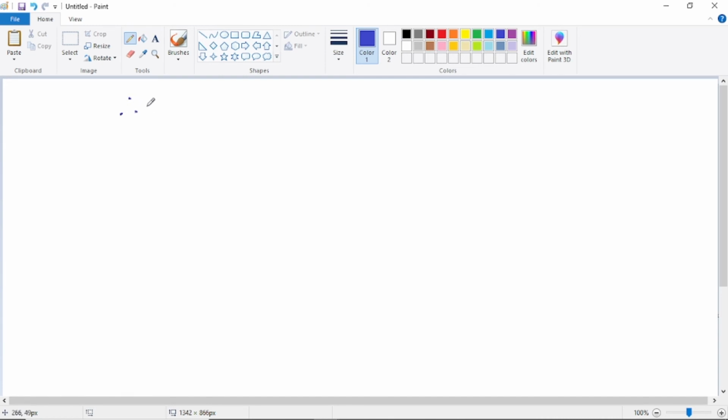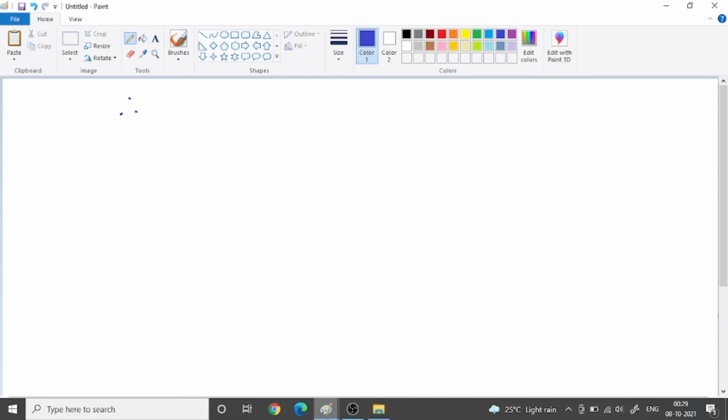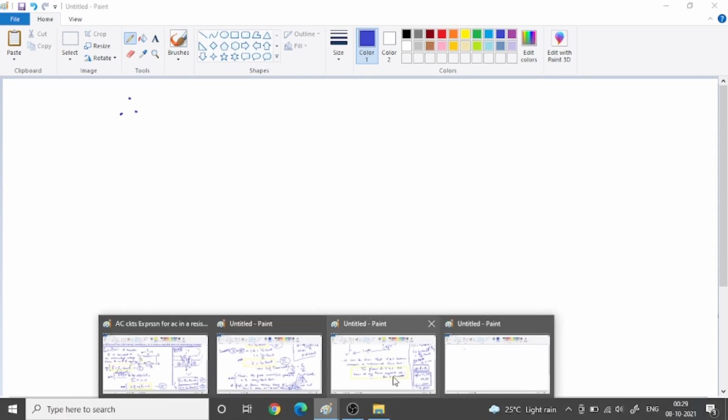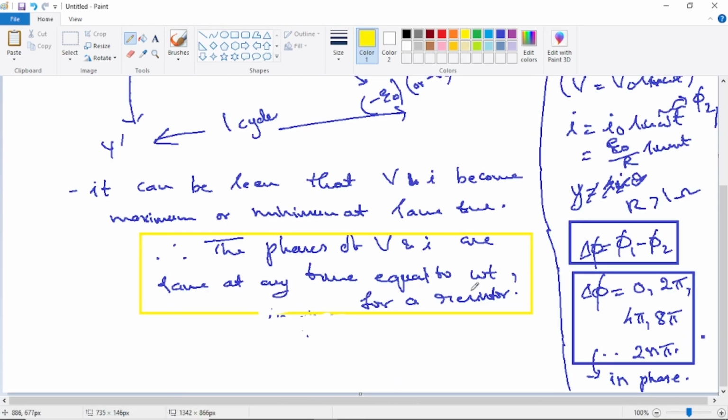Therefore, again, the phases are the same, equal to omega t. That's what we have seen. Just see here. Equal to omega t. So that means, okay, there is some space here, so here itself I'll try to write.